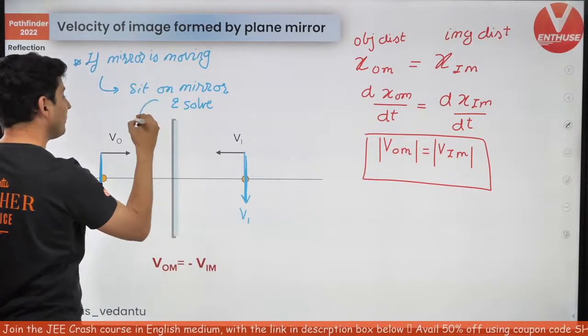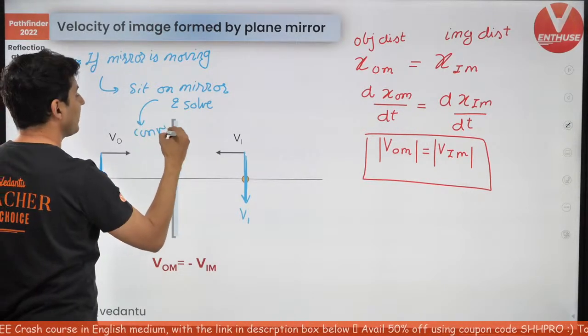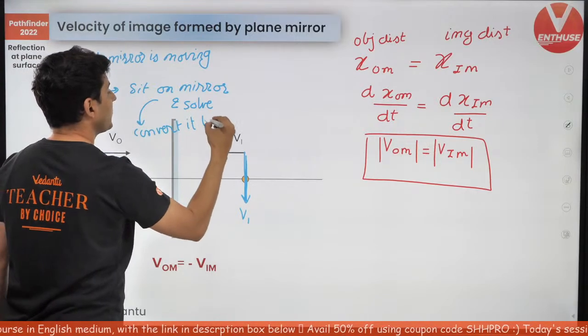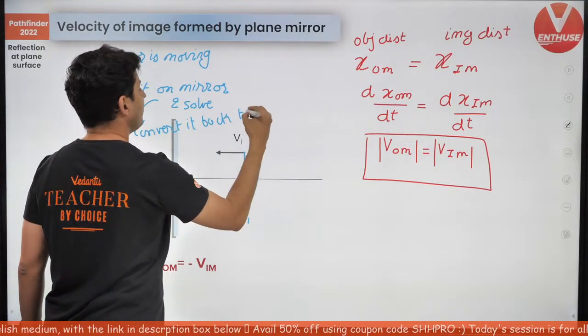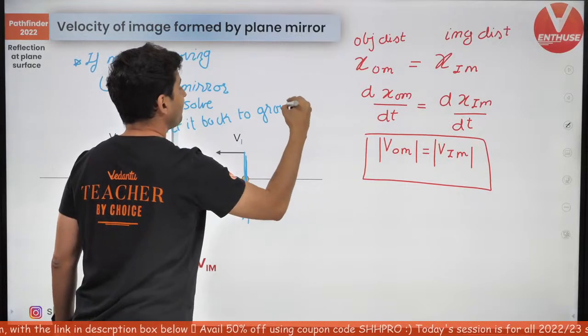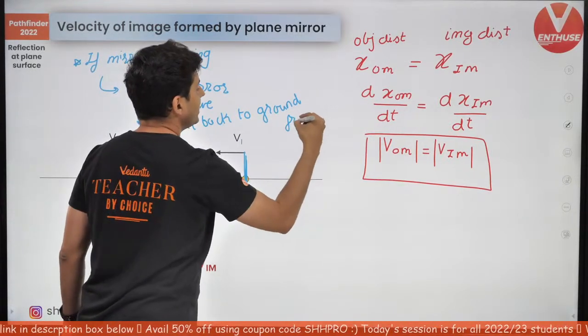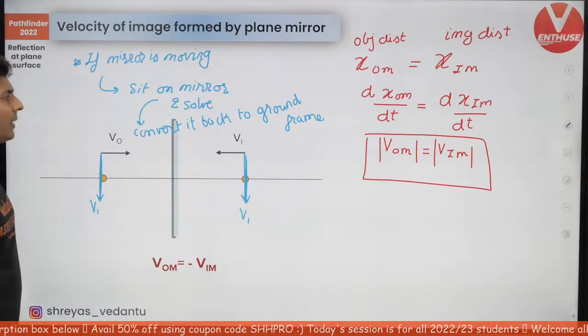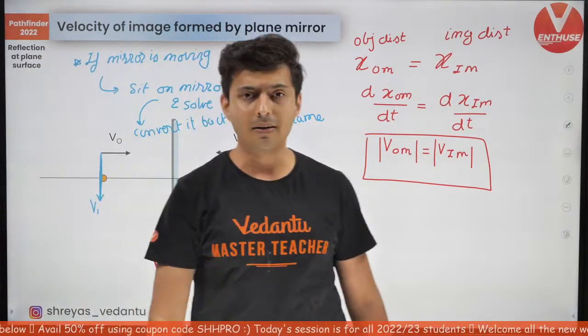And then do not forget to convert it back to the ground frame. That's what you need to do. Keep this in mind. Very, very important notes right over here.